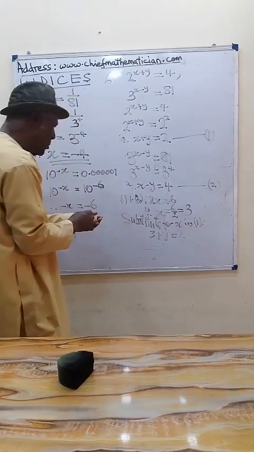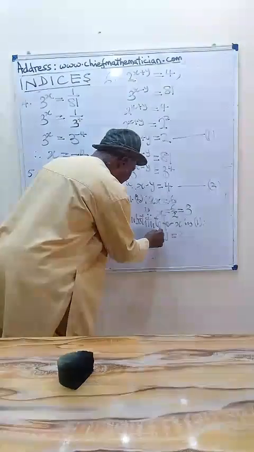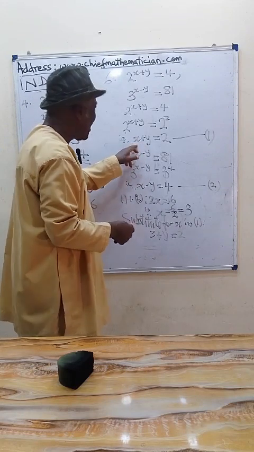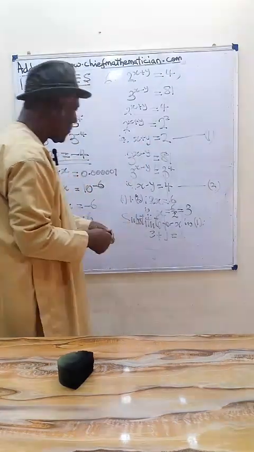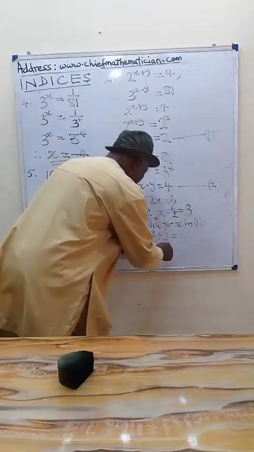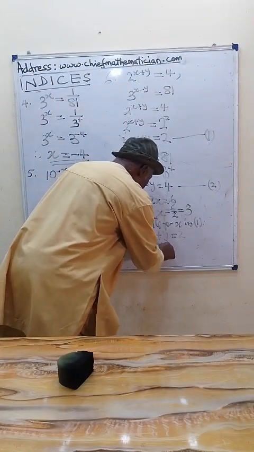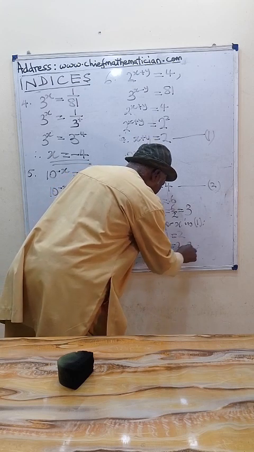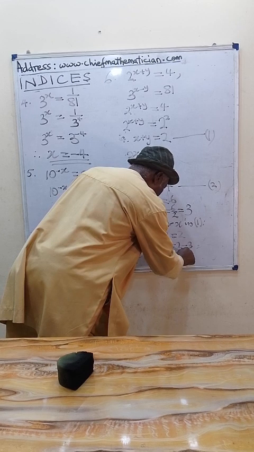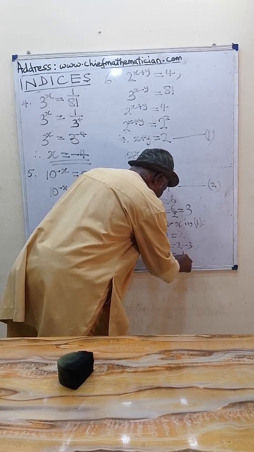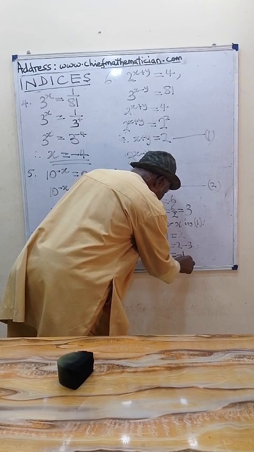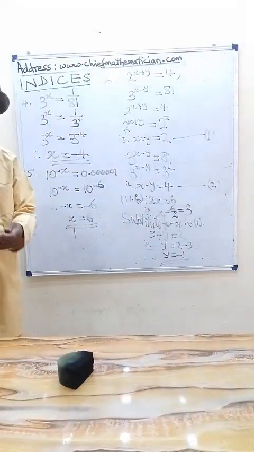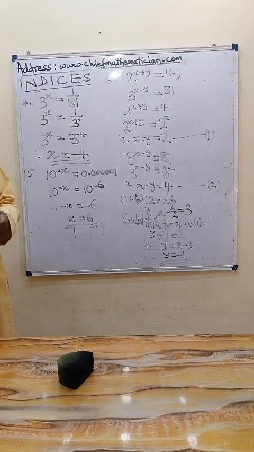Please take note, instead of writing x plus y, we are now writing 3 plus y is equal to 2. What is y equal to? That is, y is equal to 2 minus 3, and what is it equal to? Minus 1. So, when x is equal to 3, y is equal to minus 1.